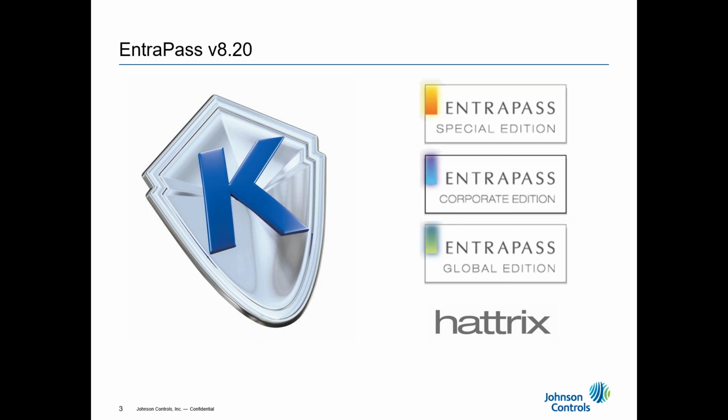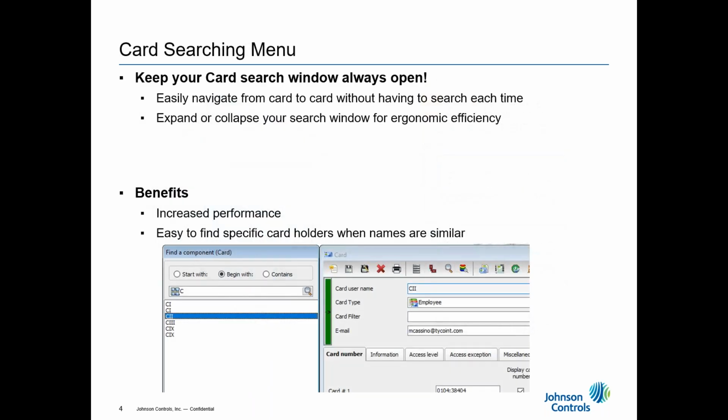EntraPass 8.20 is available for all platforms: Special, Corporate, Global, and Matrix edition. So this applies to everybody here. The very first thing that comes out is the card search. It's a new feature we've added in the EntraPass workstation: the ability to search cards.